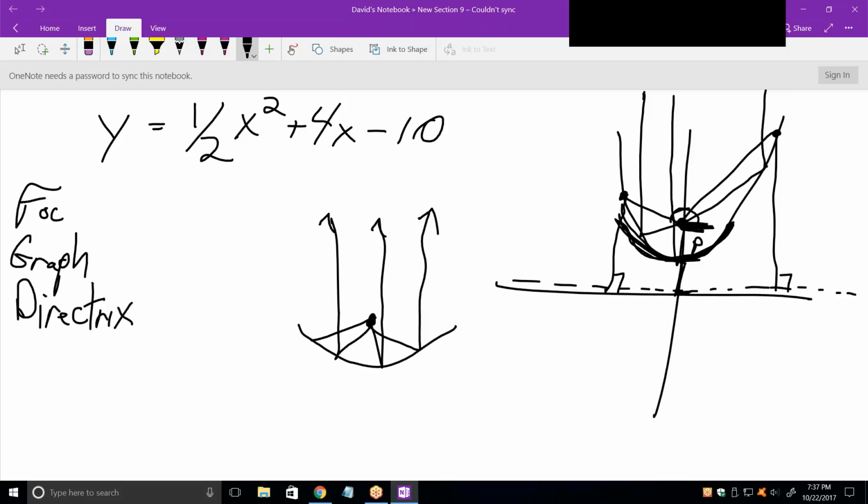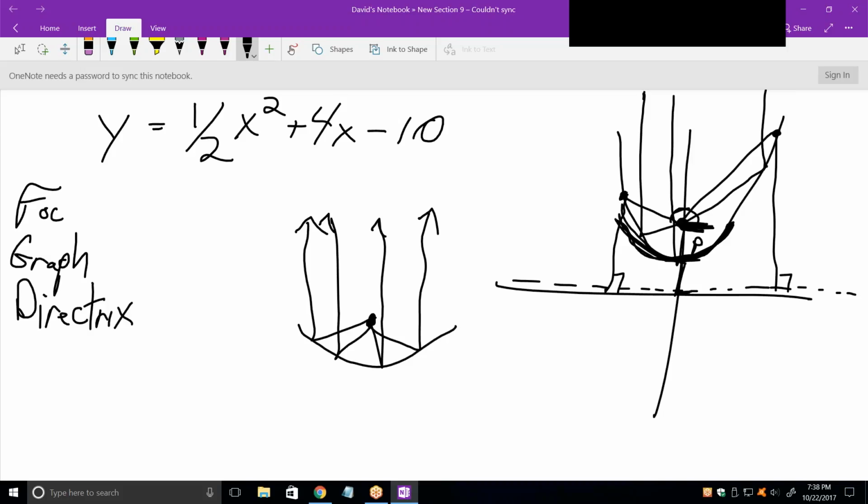So the parabola is a terrific geometric shape because of this reflective property. All of our telescopes, all of our flashlights, all of our DirecTV dishes, they're all in the shape of a parabola.